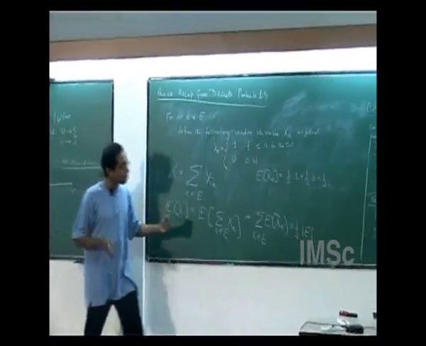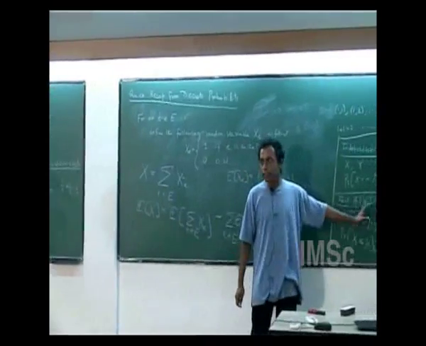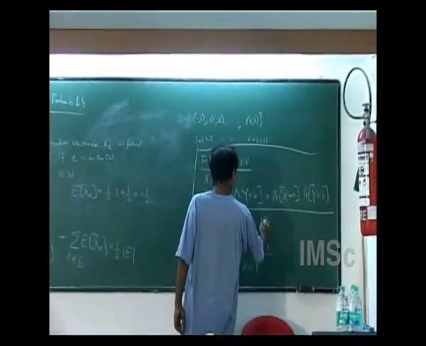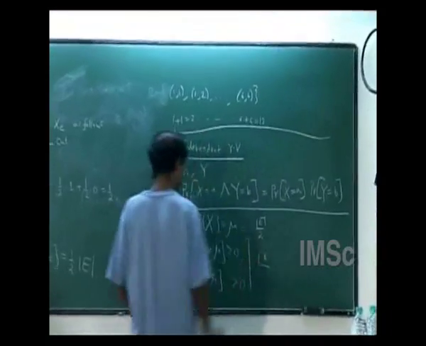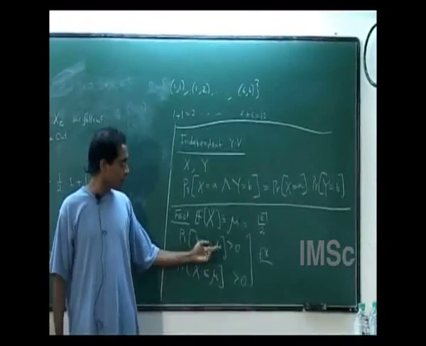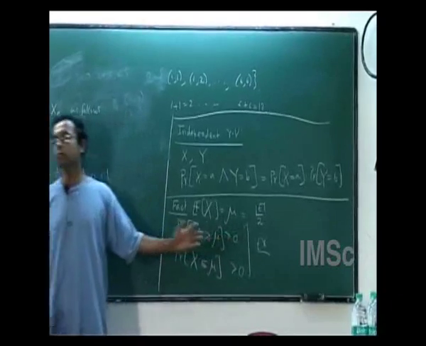And now remember that fact that I gave as a small exercise. If mu equals E by 2, there will be some cases where it will actually be more than E by 2.